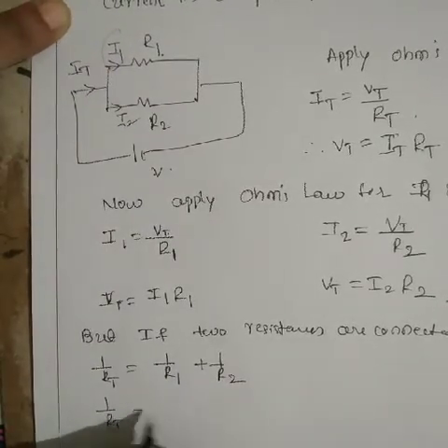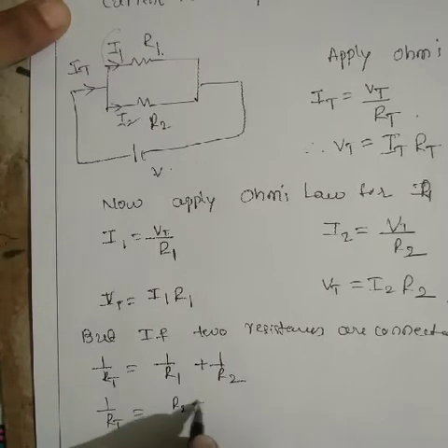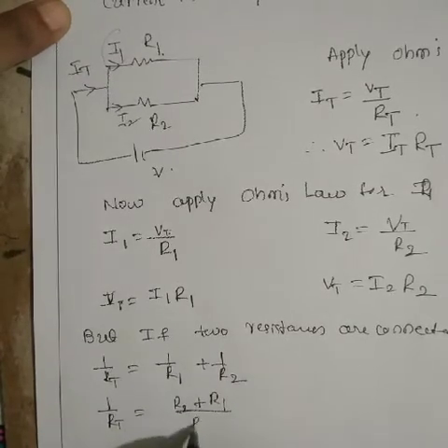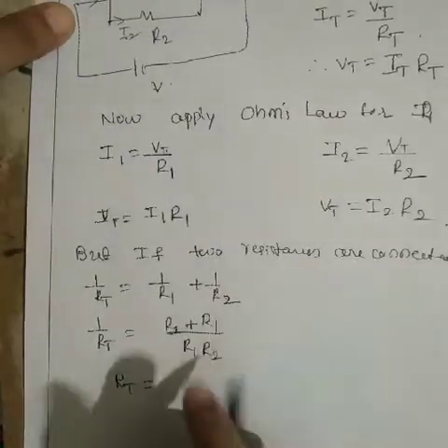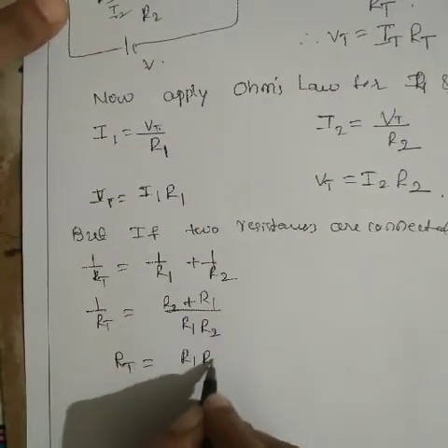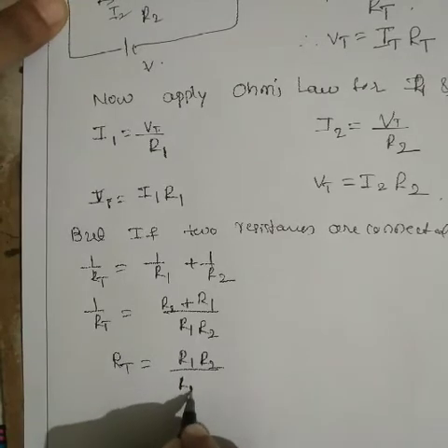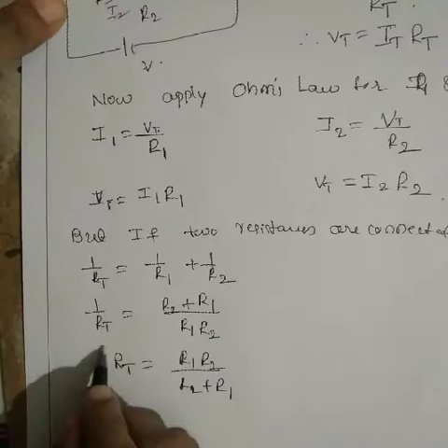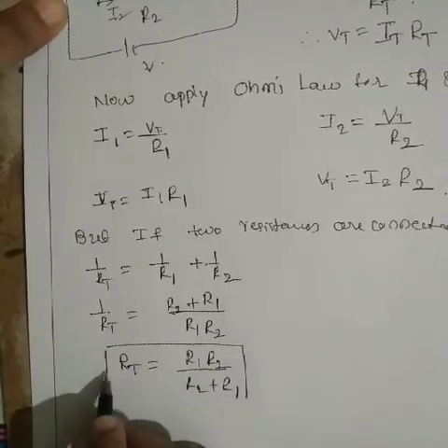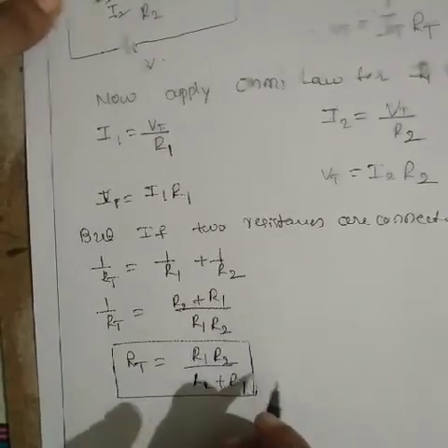Therefore 1 by RT is equal to (R2 plus R1) divided by R1 into R2. You can take the reciprocal. We get RT equal to R1 into R2 divided by R1 plus R2. This is your total resistance if two resistances are connected in parallel.